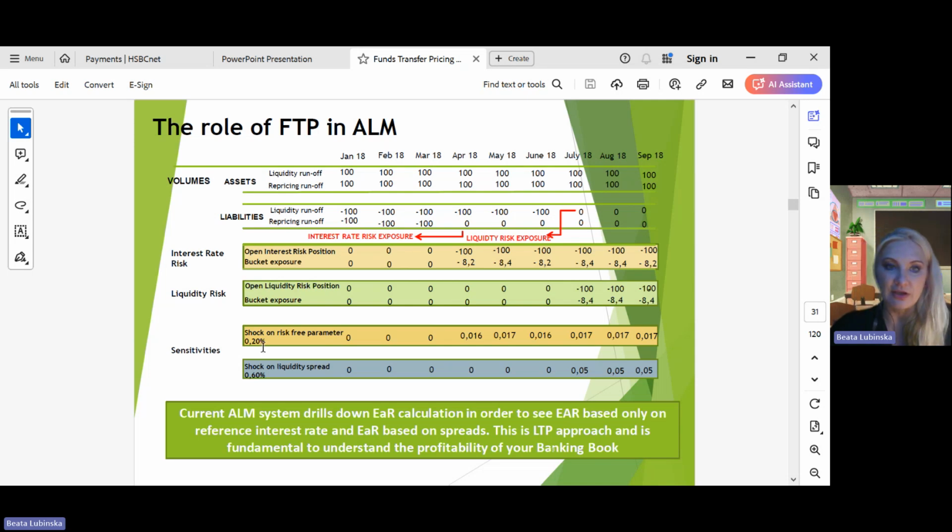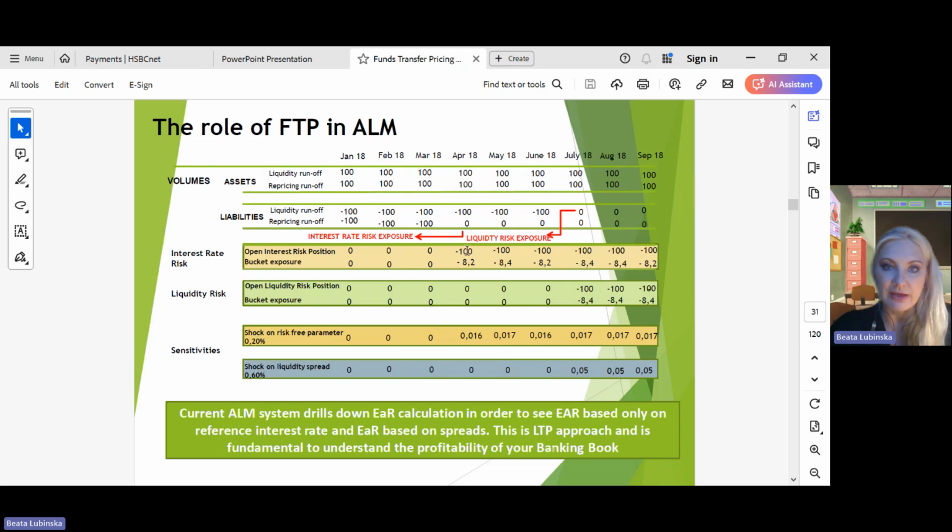So in this particular case, if you apply the shock, you see this 20 basis point. So on the risk-free parameters, we have applied 20 basis point shock. On the liquidity spread, we are applying 60 basis point shock, but exactly the position is calculated with the same equation which I've just explained. So this number is calculated as multiplication of 20 basis points, so the shock, multiplied by bucket exposure.